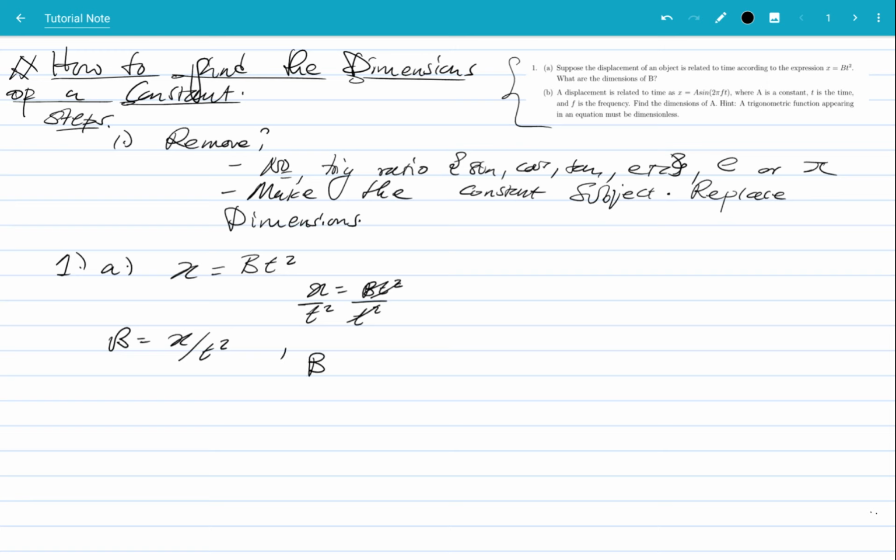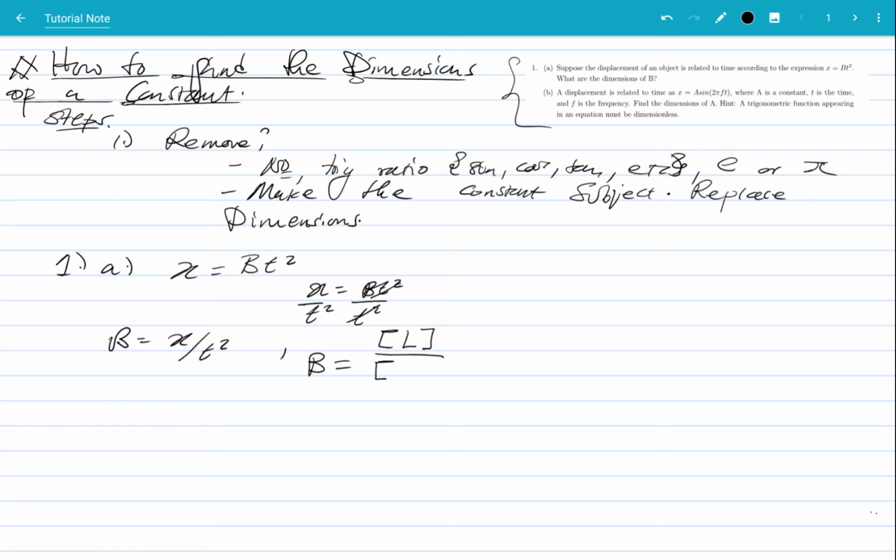So now, what are the dimensions of displacement? Displacement is distance. So things like length, distance, displacement, these are the same dimensions because even their units are the same, of which we say meters. So the dimensions of these things is a capital L. Then it is over time.